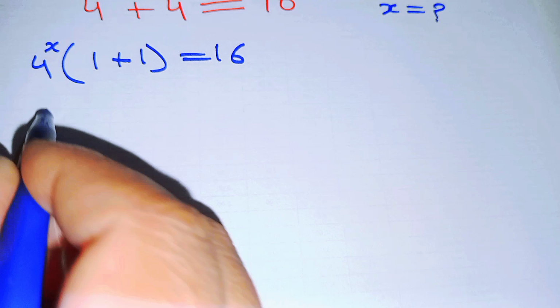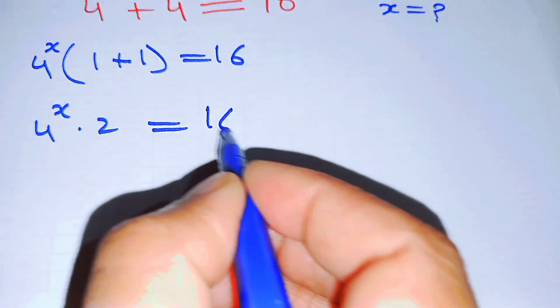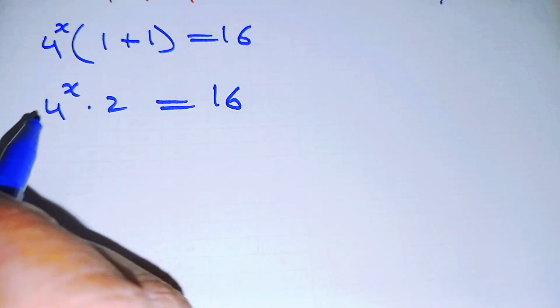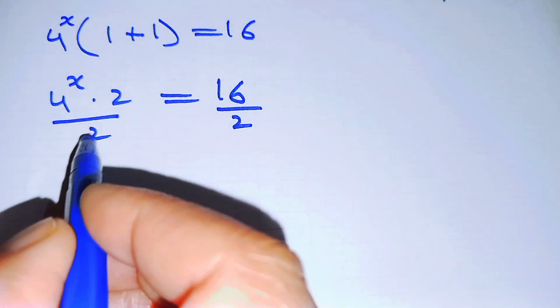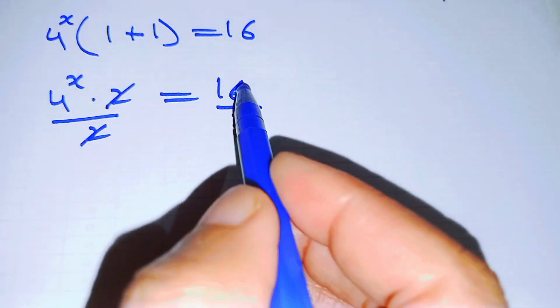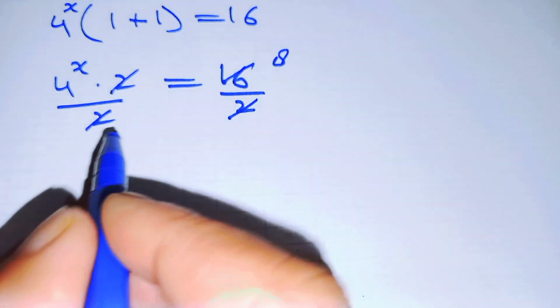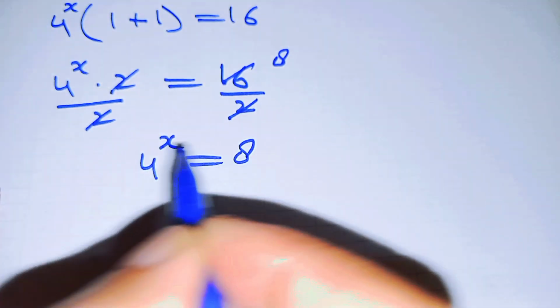And now here 4 to the power of x times 1 plus 1 is equal to 16, and then we divide by 2 on both sides, so this 2 cancels this 2, and 16 divided by 2 is equal to 8, and the remaining is 4 to the power of x is equal to 8.